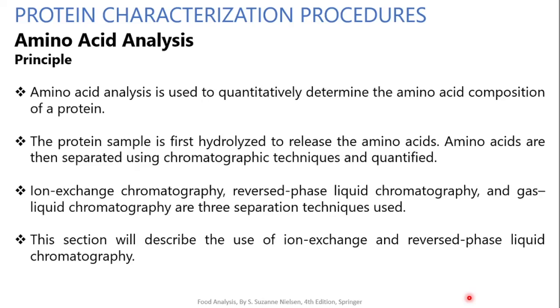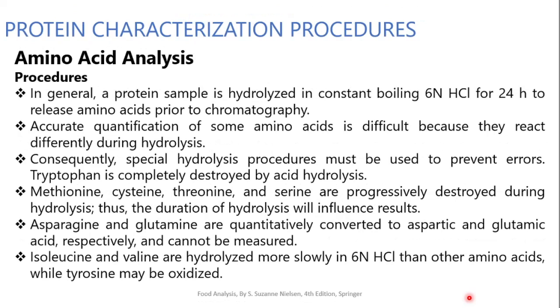Ion exchange chromatography, reverse phase liquid chromatography and gas chromatographic techniques are used for the separation of these amino acids. This section will describe the use of ion exchange and reverse phase liquid chromatographic techniques.